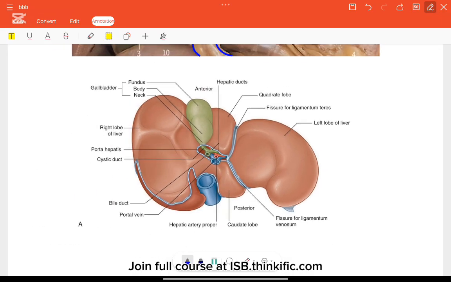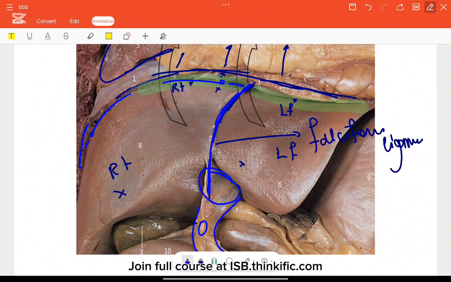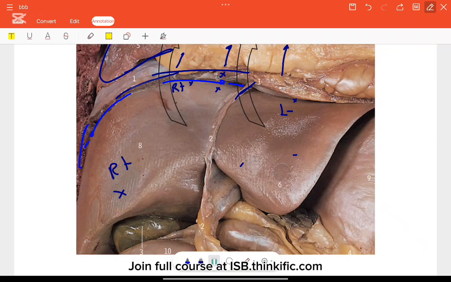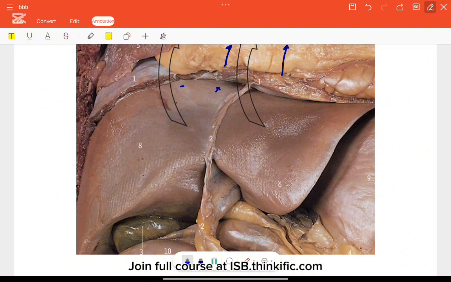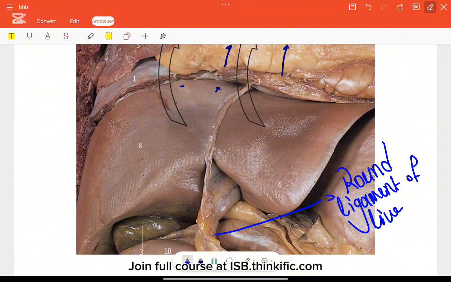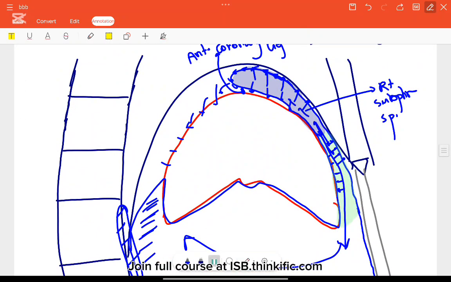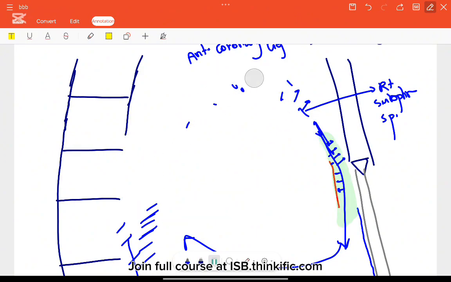So let's move from anterior and review what we've seen already. This is again a dissection, the anterior surface of the liver. We can see the round ligament of the liver, or ligamentum teres, which, as I told you, used to be the umbilical vein.